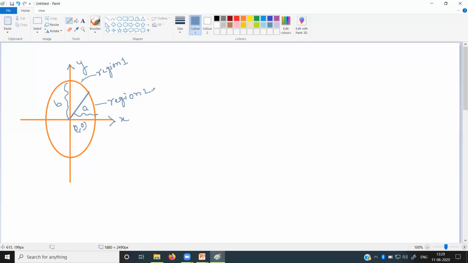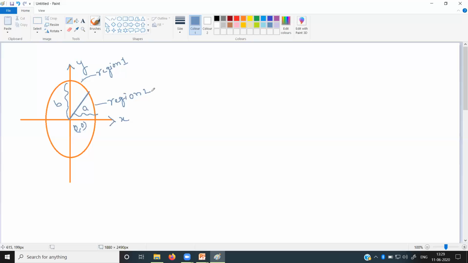Rather, the changing of the y is faster than the changing of the x in case of region 1. Again, in case of region 1, the changing of the y is not as fast as the changing of the x.